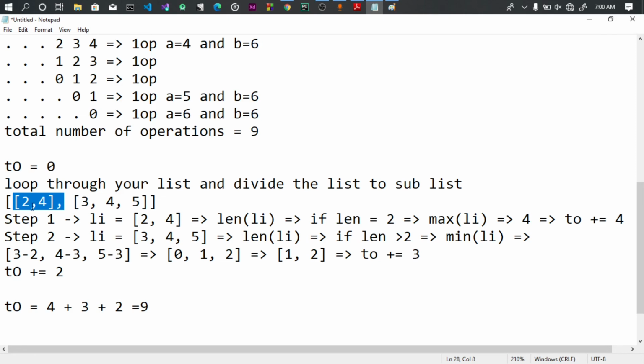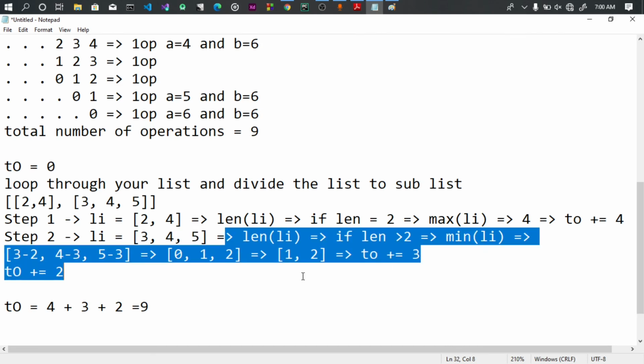So if you approach a list, you check step 1. If the condition for step 1 is not met, which is this, you go for step 2. If the condition for step 2 is met, you perform the task for step 2.